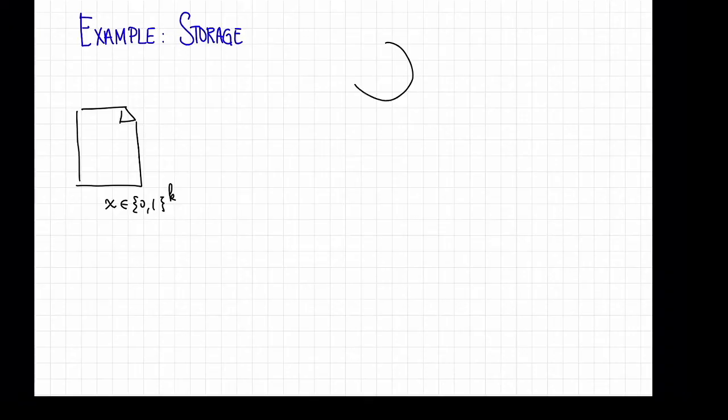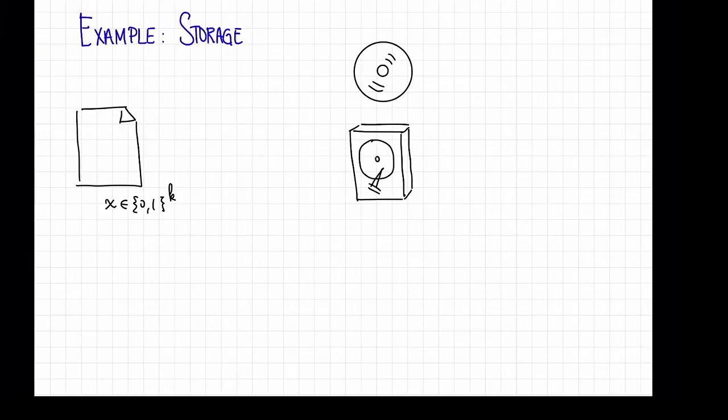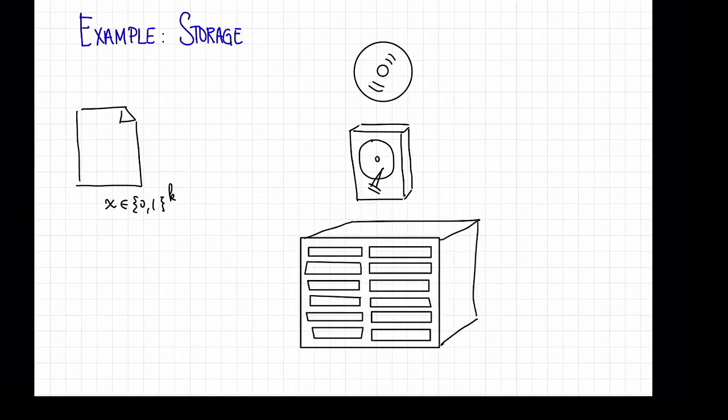Maybe we want to store it on a CD, or on a hard drive, or maybe on a RAID array, or wherever. Okay, no one uses CDs anymore. Let's replace that with a thumb drive. Pretend that's a thumb drive.